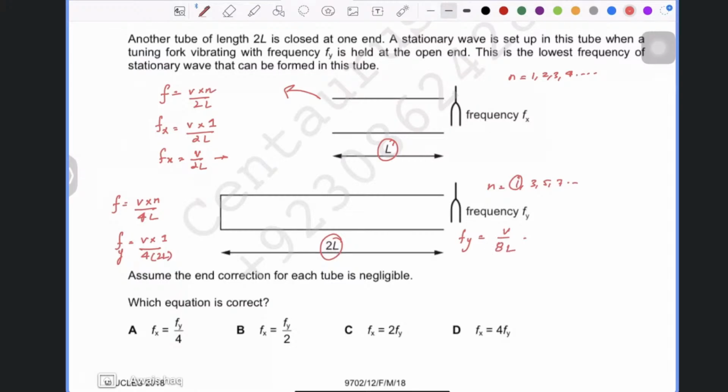I can write it as 2fx equals V upon L, and I can write this as 8fy equals V upon L, because here we have V upon L and here we have V upon L. So we can write 8fy equals 2fx, so fx will be 4 times fy, which is D. Is it clear, everyone?